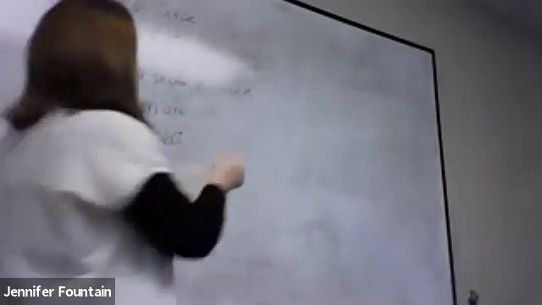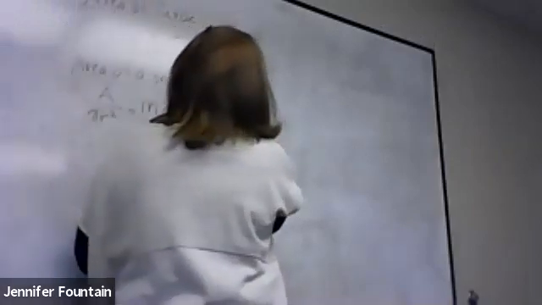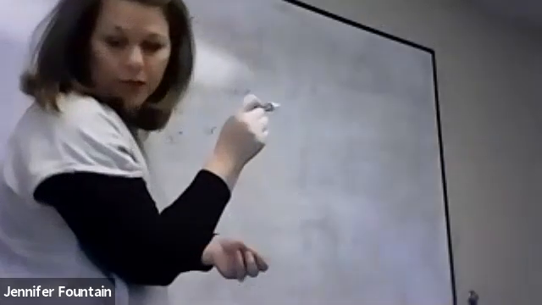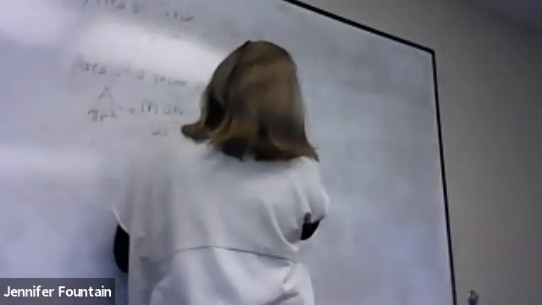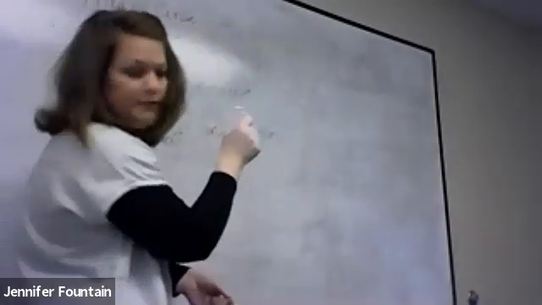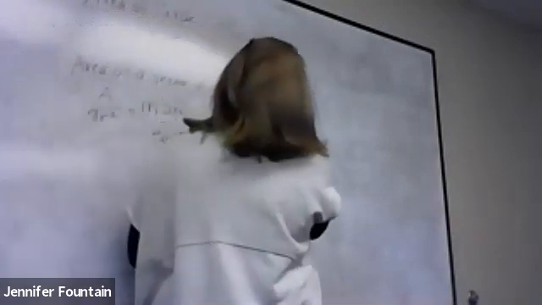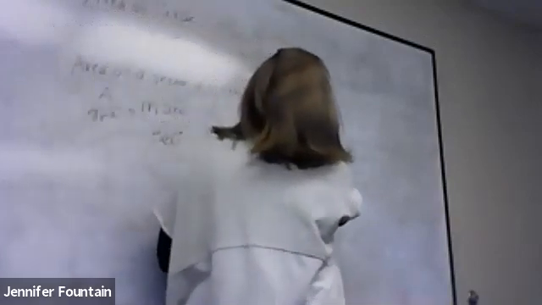Now notice they give an alternative formula where you can say area equals the measure of the arc over 360 times pi r squared.